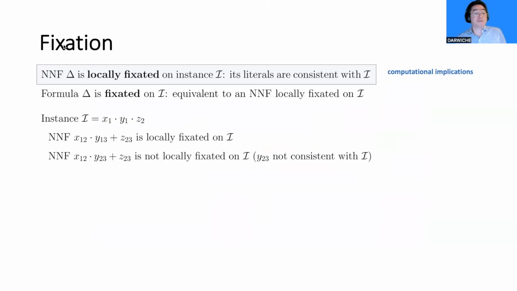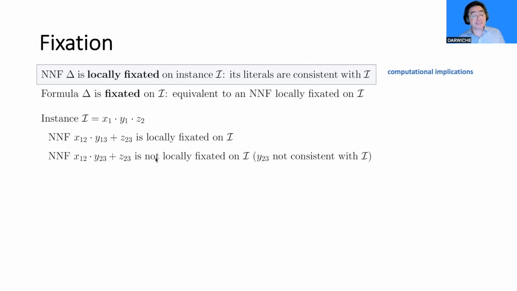So what is fixation? An NNF is locally fixated on an instance if its literals are consistent with the instance. It's a very simple definition. Let's look here. Here's an instance, and this NNF is locally fixated on the instance, because if you check every literal here, you'll find that it's consistent with the instance. This is compatible with this, this is compatible with this, this is compatible with that.